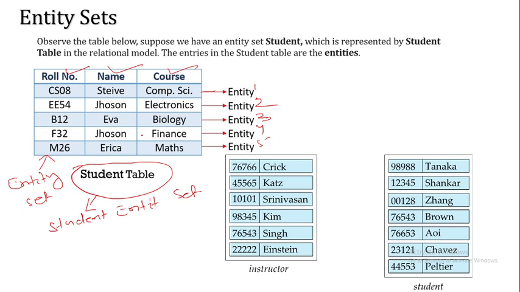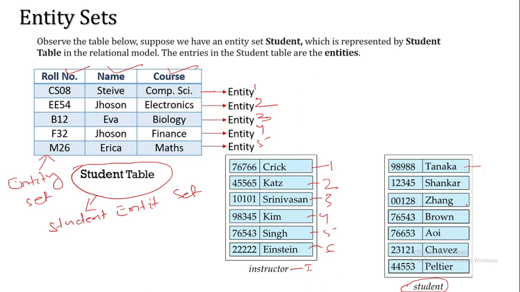Now if you move to another example, this is an instructor table or instructor entity set, which consists of 2 attributes and, again, this is one entity, this is the second, third, fourth, fifth, and sixth. There are 6 entities present over here. At the same time, in another example of a student entity set, we have different entities.